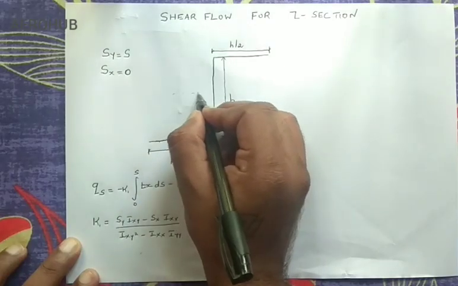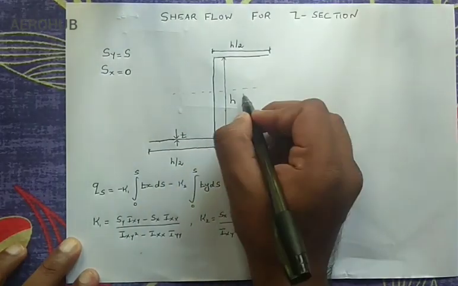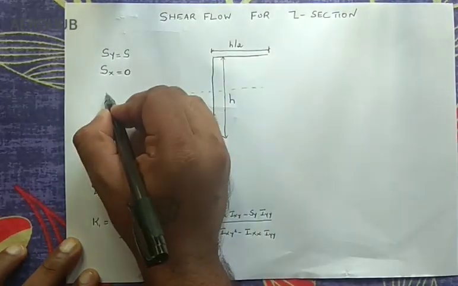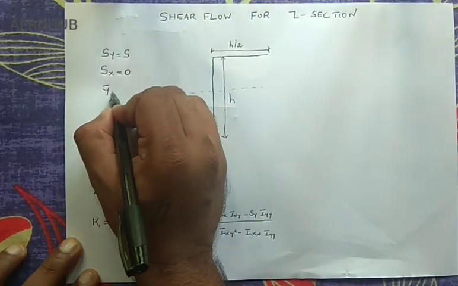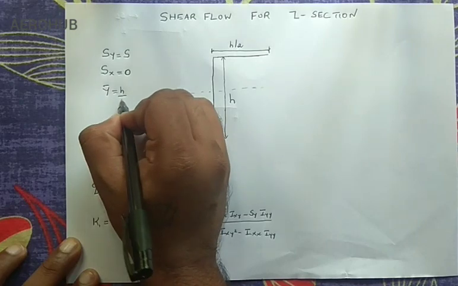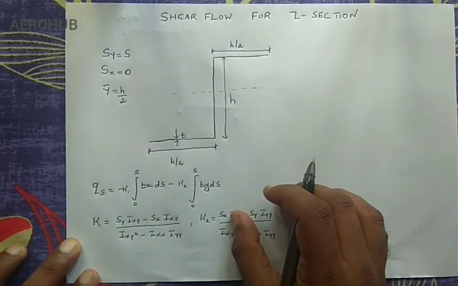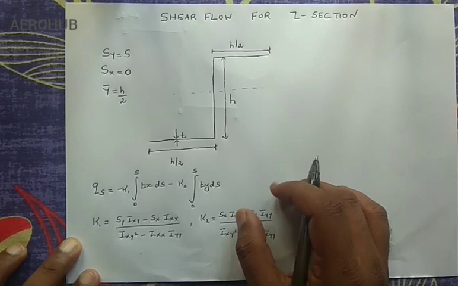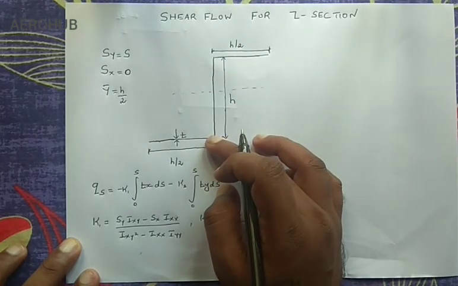This is the centroidal axis, and we have found that y bar is equal to h by 2.